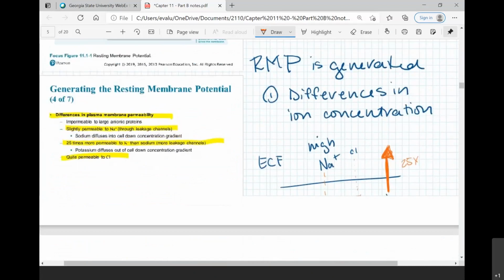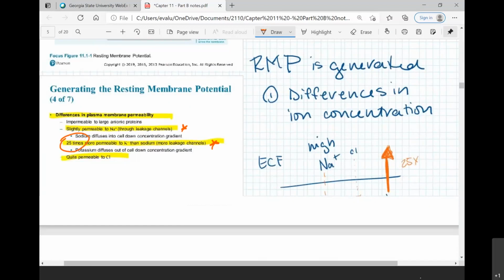So we said it was based on the concentration of ions, but then we said the second thing was whether or not the plasma membrane was able to have things pass through it, how permeable it was. So it's generated by the differences in the ion concentration and this permeability, basically saying that it kind of likes sodium to come through, but it really likes potassium, so much so that potassium is 25 times more permeable than sodium.